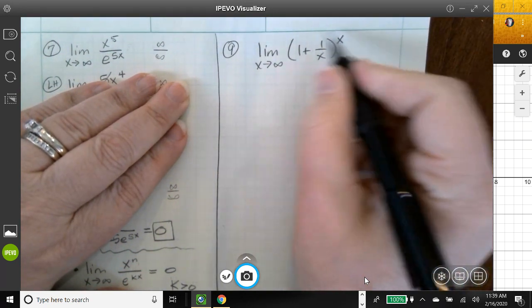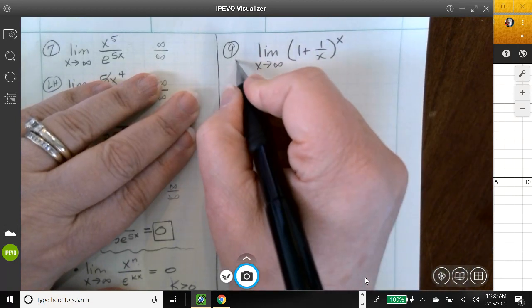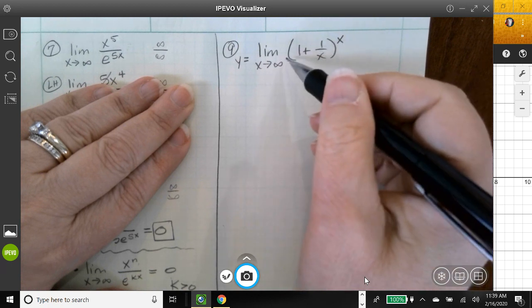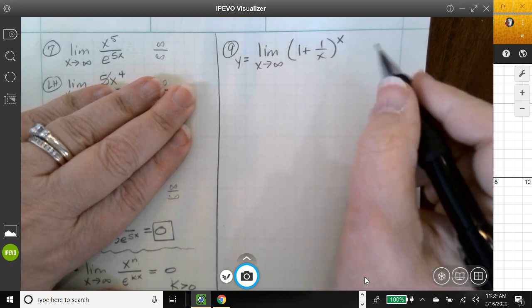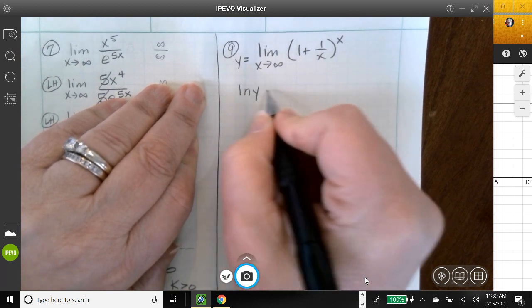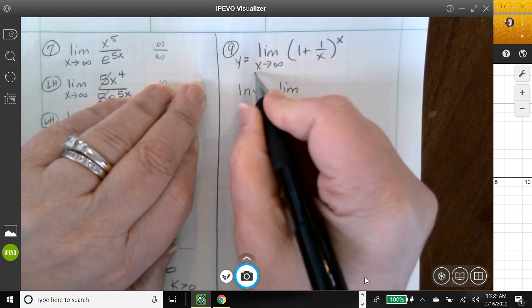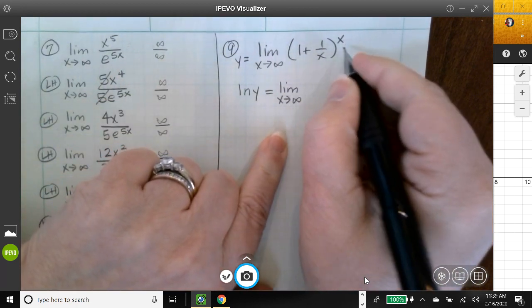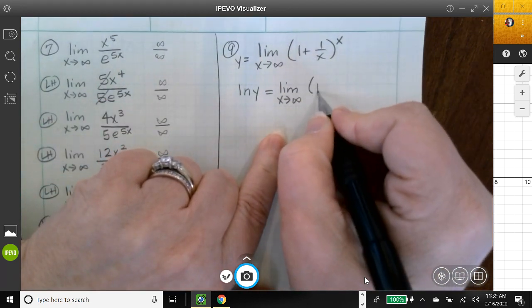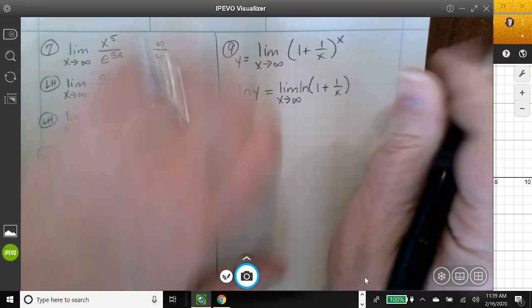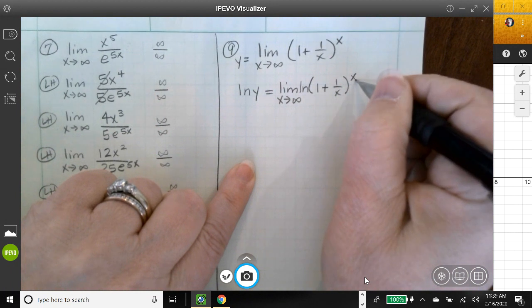When you have this situation, we set this limit equal to y, and we have to get this exponent down somehow. How do we do that? Well, naturally, we take the natural log of both sides. That's going to be the natural log of y equals the limit as x approaches infinity of the natural log of 1 plus 1 over x raised to the x.